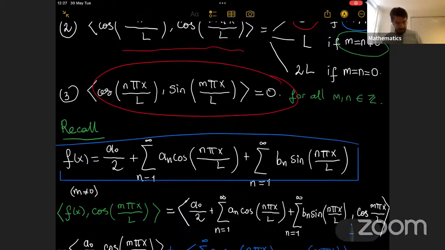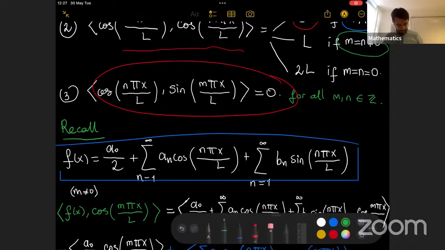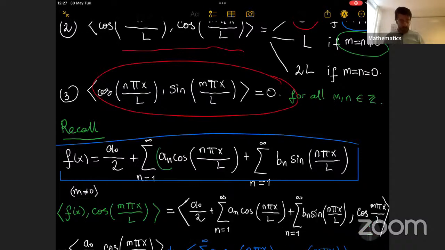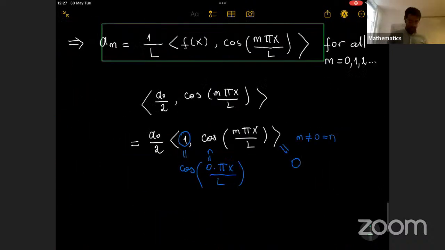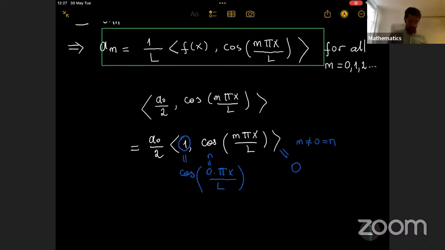And in this formula, we find here an. What about bn? We also find a0. A0 is when n is equal to 0. Okay. This formula holds even for m equal to 0. I didn't check this, but it is true even for m equal to 0. You can check this yourself.